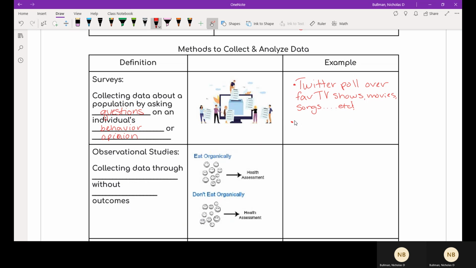In a class, we could ask what's your favorite social media, or sport, or class. So surveys just give us feedback on an individual's opinion and behavior.